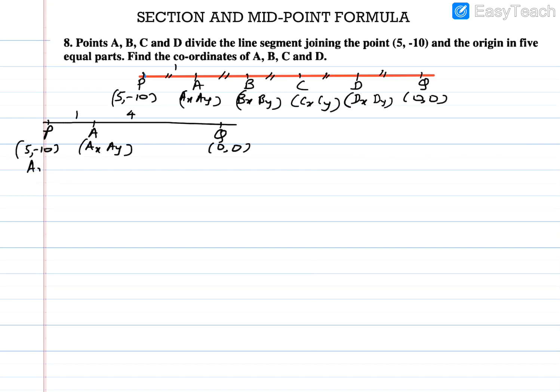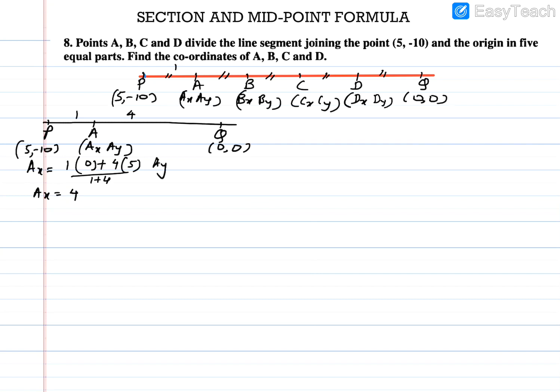Use section formula for ax. Ax will be equals to m into x2, that is 0, plus n 4 into x1, that is 5 upon m plus n, that is 1 plus 4. Ax is obtained as 20 upon 5, that is 4.